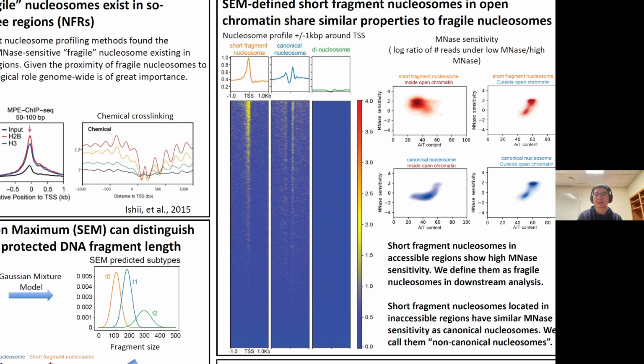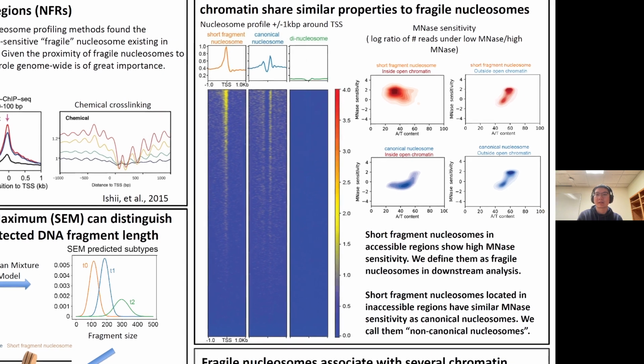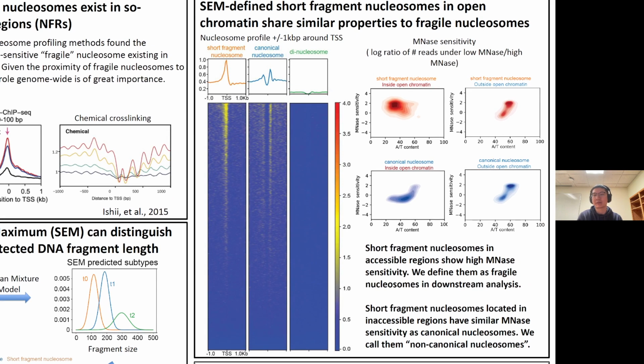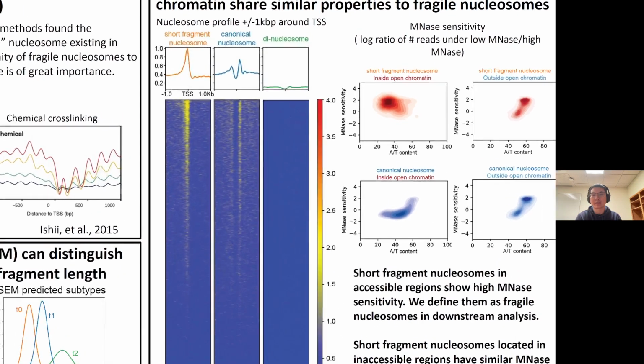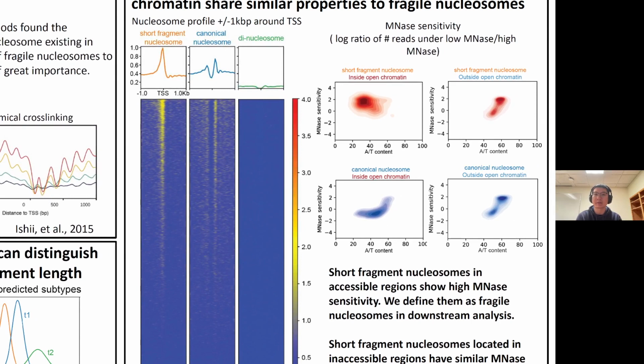Since short fragment nucleosome shares a similar distribution pattern with fragile nucleosome, we wanted to further check if short fragment nucleosome also has very high MNase sensitivity like fragile nucleosome. To do that, we use the log ratio of the number of reads in the low MNase digestion versus high MNase digestion as a proxy of MNase sensitivity. Surprisingly, we found that not all short fragment nucleosomes have high MNase sensitivity as fragile nucleosome.